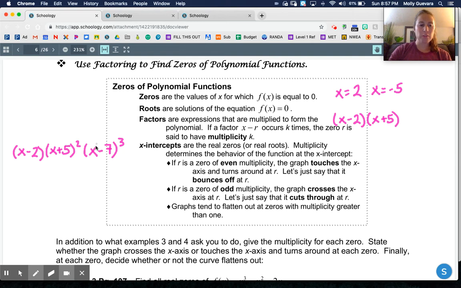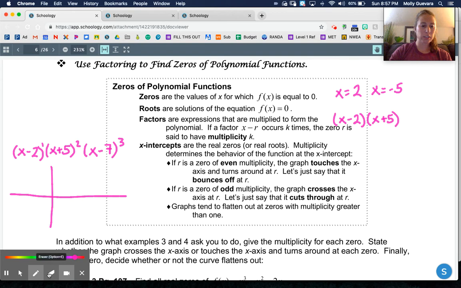So here, the multiplicity is just the exponent on the factor. So here the exponent is a 1, right? If the exponent is 1, I want to change these numbers to be smaller. Let me change these to be a little bit easier to work with. Let's call this a 3, and let's call this a 4.